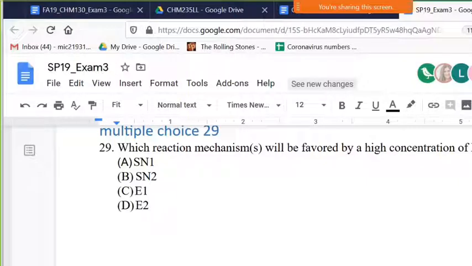Which reaction would favor a strong nucleophile? Well, strong is a tip-off that we're looking at the two-type mechanisms, which means SN1 goes away and E1 goes away. Because it is a nucleophile, we should be looking for a substitution reaction, not an elimination. So D goes away. We're left with only one answer choice. B, SN2.